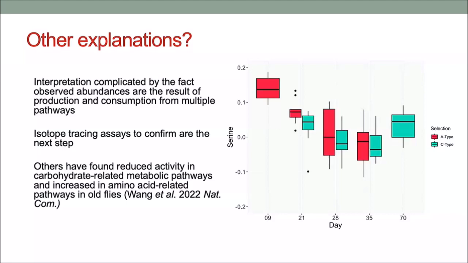So our next step is going to be using isotope tracing to try to confirm these results. This is where we would give them, say, tagged glucose. Then as they eat it, you can see what molecules that glucose is going into and generate those hypotheses.